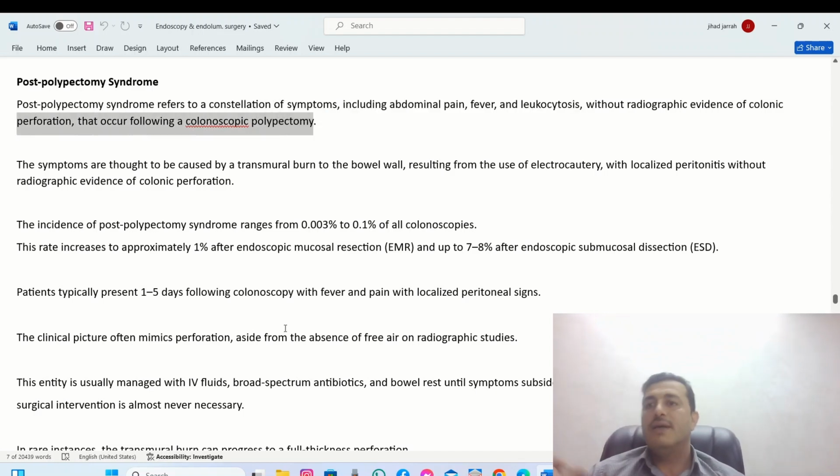So the patient underwent polypectomy and presents with fever, abdominal pain, peritoneal signs, and leukocytosis. You suspect perforation and do an X-ray, but there is no radiological evidence of perforation.